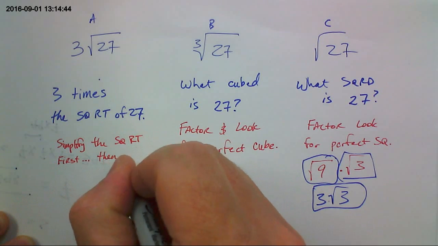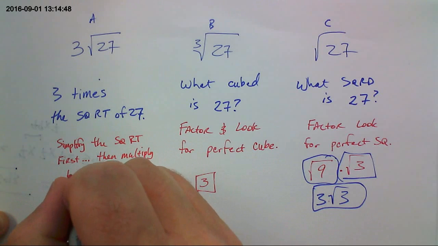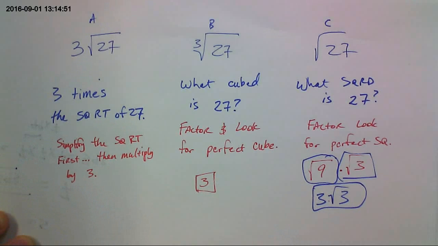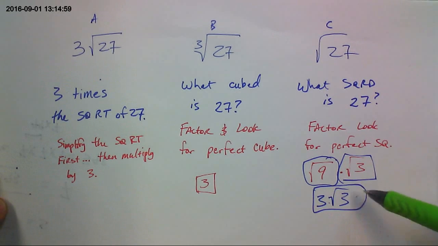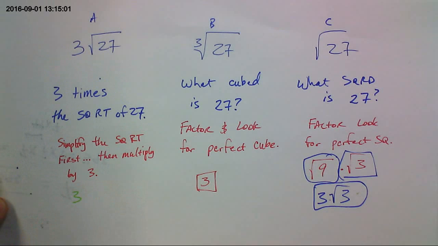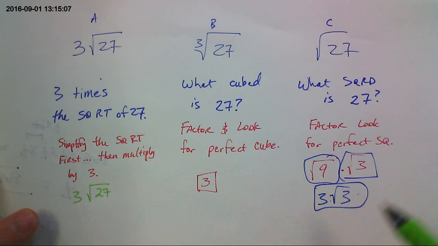Then multiply if you can. Do you know what I mean right there, Scarlett? Because here we saw that the square root of 27 was this, right? So I'm going to rewrite the whole problem. Is that color hard to see? No? Okay. So 3 times the square root of 27. We saw earlier over here.